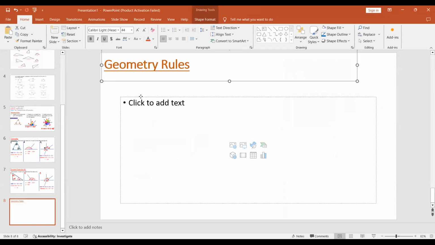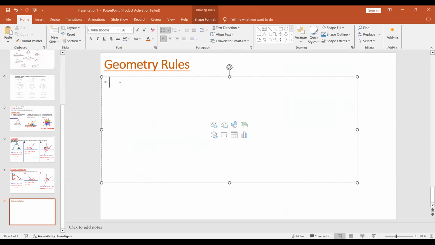So the next geometry rule that we need to keep in mind is angles in a quadrilateral. What is a quadrilateral? A four-sided shape.